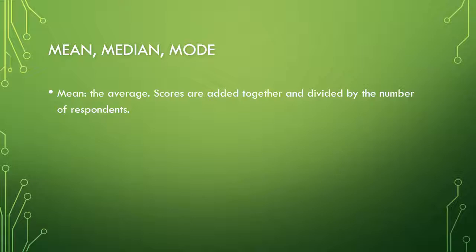Mean, the average. You add all the scores together and divide by the number of respondents. If you have 20 respondents and you've got a number of scores that they've all given, let's say you have asked people on a scale of 1 to 10 to rate your client, and they give you those scores, then you add them together and divide by 20 because that's how many people responded, and that gives you the mean.